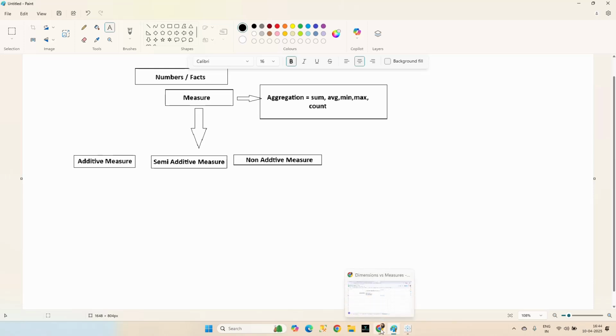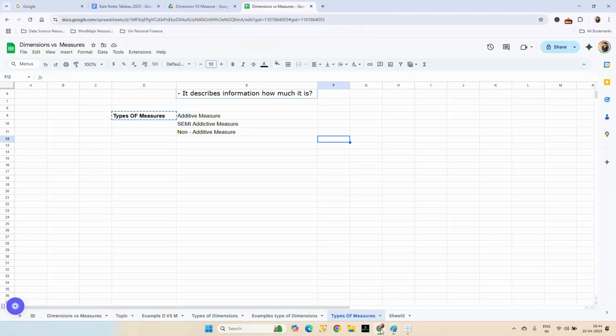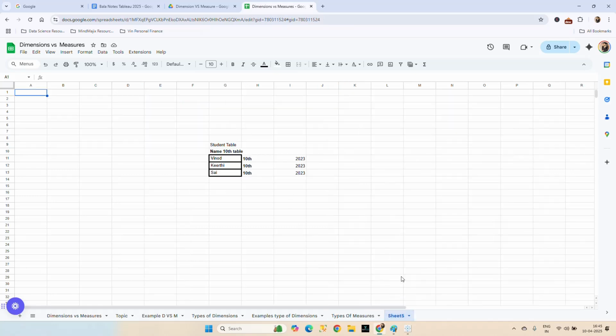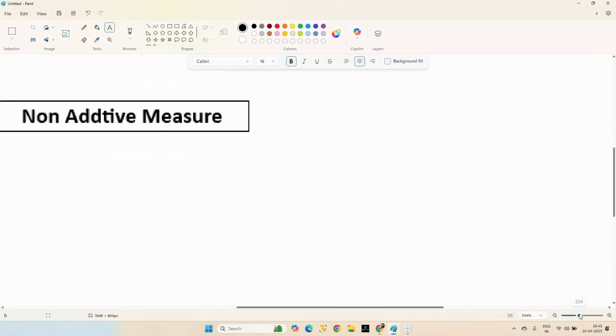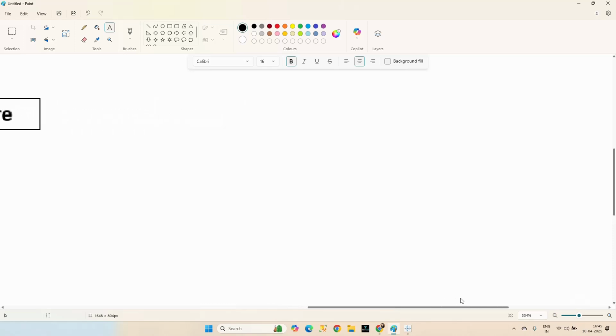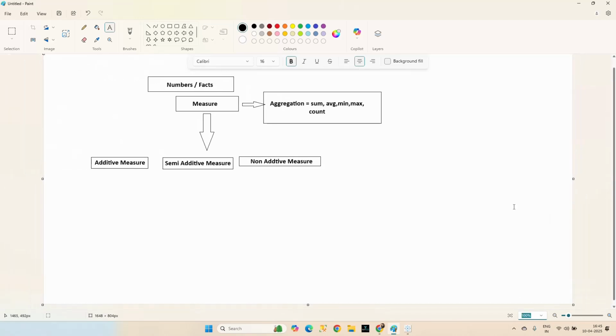Okay, I'll show you with one example so you can understand easily. We have one table here.